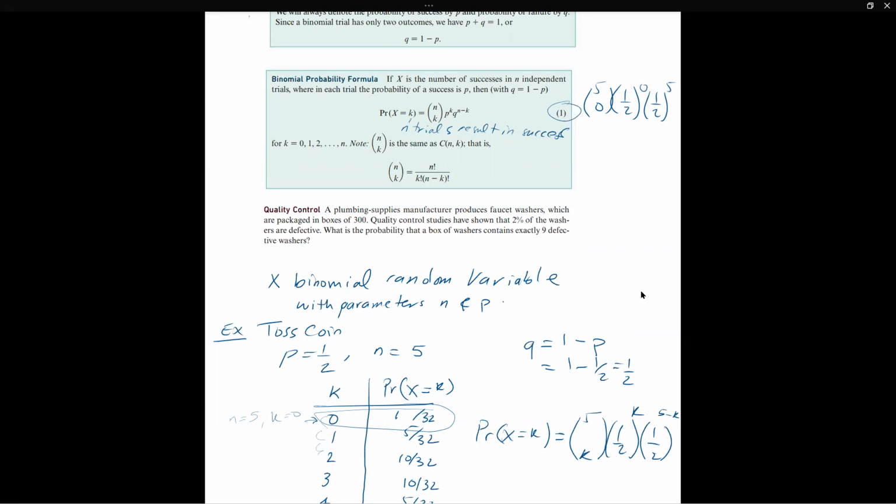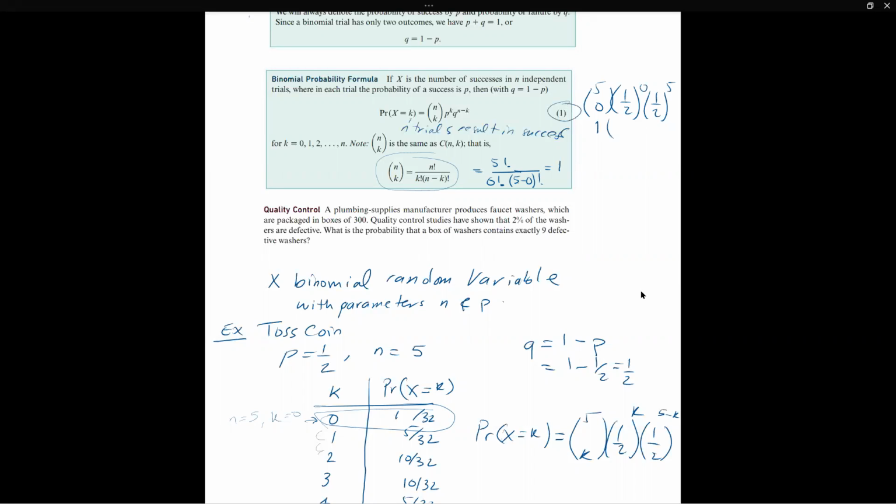Now I'll show you how. To calculate 5 choose 0, you're going to do 5 factorial over 0 factorial times 5 minus 0 factorial. 0 factorial is 1, and 5 factorial over 5 factorial gives 1.